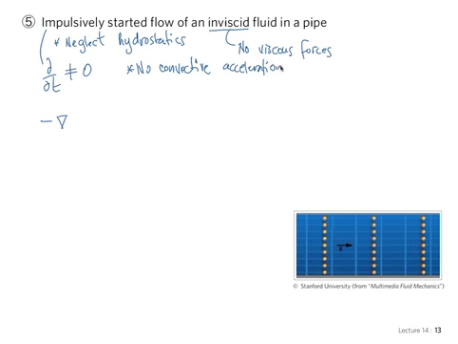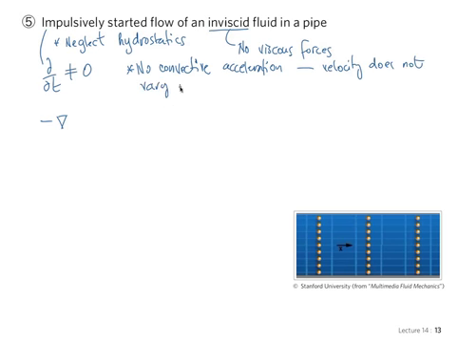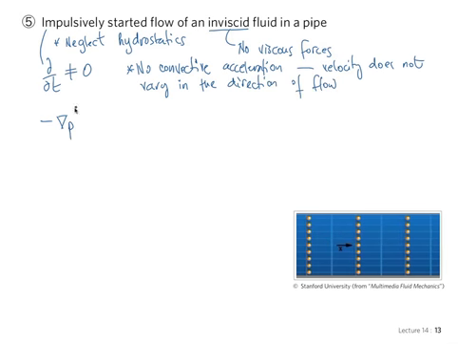The convective acceleration is 0 because the velocity does not vary in the direction of the flow. So we have the pressure term and we have the unsteady term.